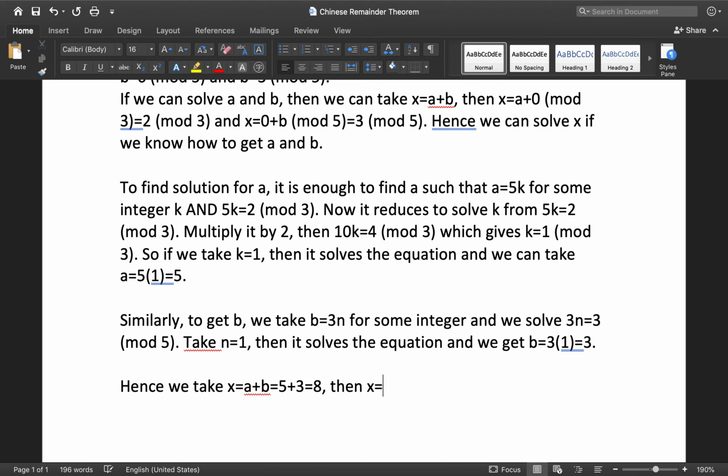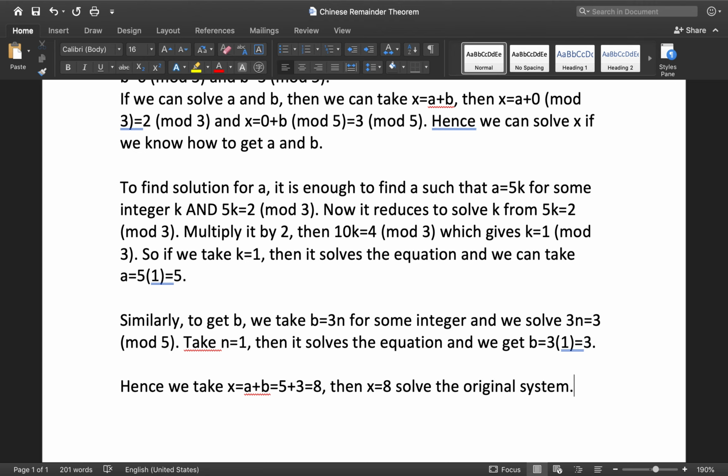Then x equal to 8 solves the original system. So that's how we solve that system, by solving two other simple systems.